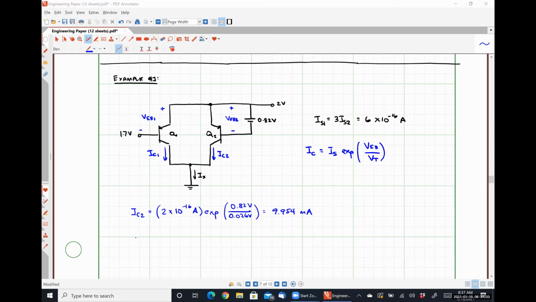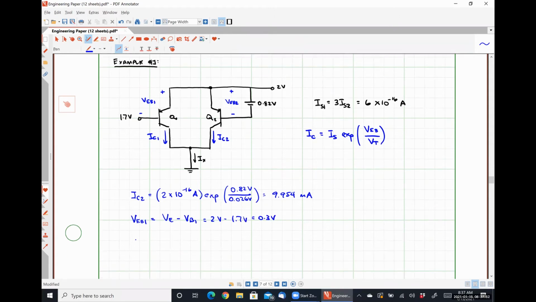To reiterate, VEB1 is the same as VE minus VB1, which is 2 volts minus 1.7 volts, or 0.3 volts.